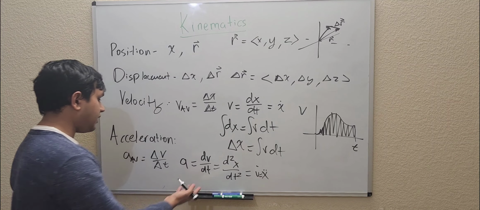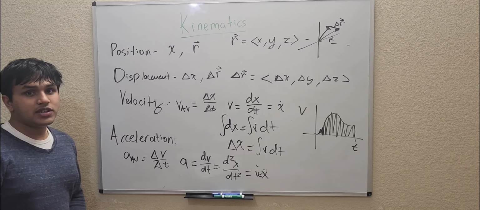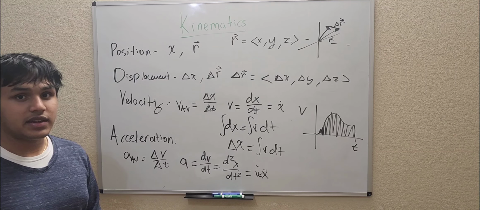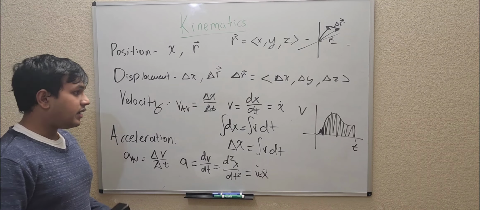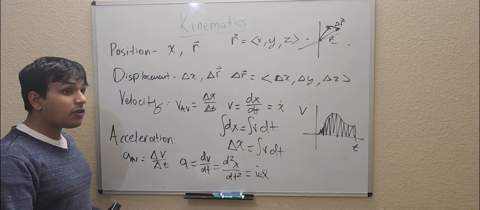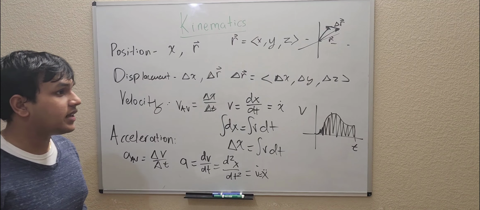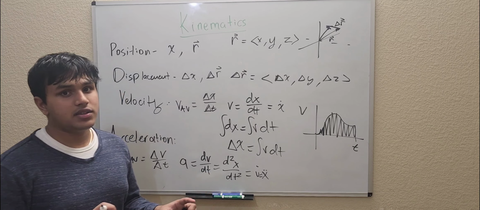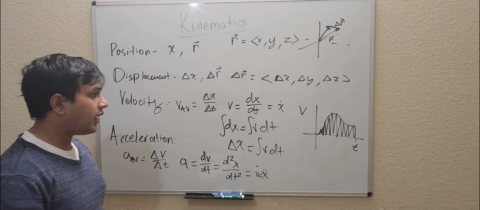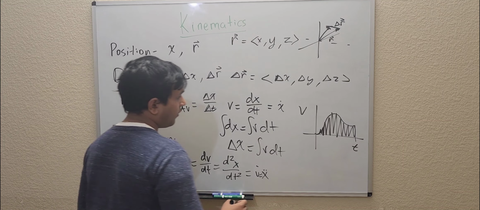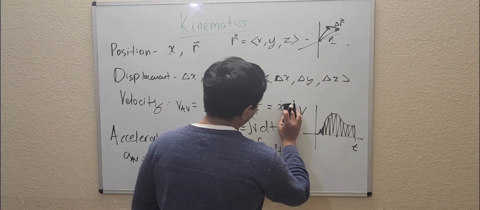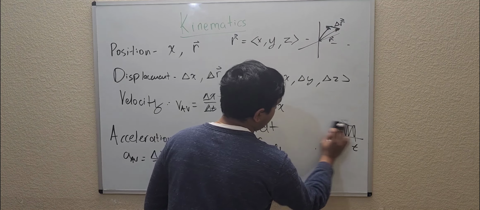And since acceleration is the derivative of velocity with respect to time, the slope of the velocity versus time graph is the acceleration, and the area under the acceleration versus time graph is the change in velocity. A lot of people get this wrong. The change in velocity is the area under the acceleration versus time graph.